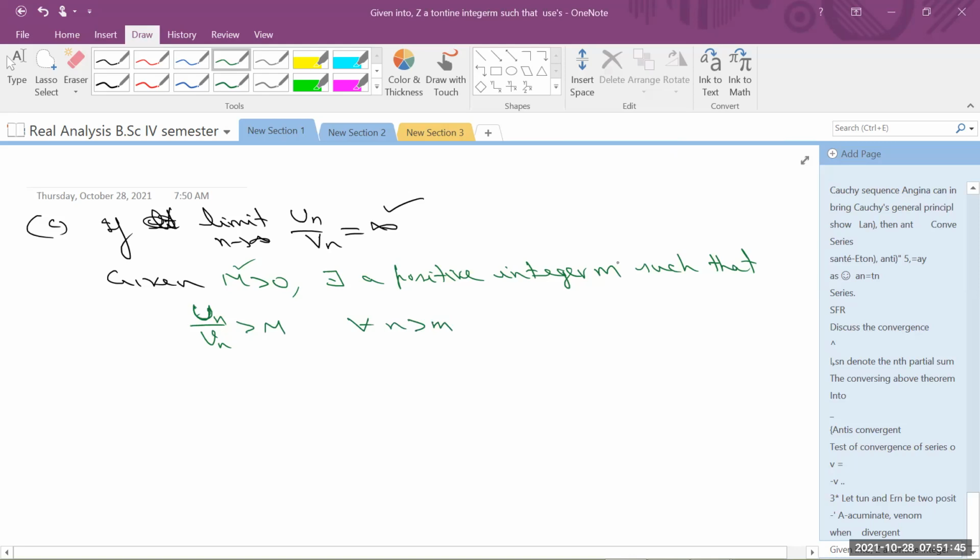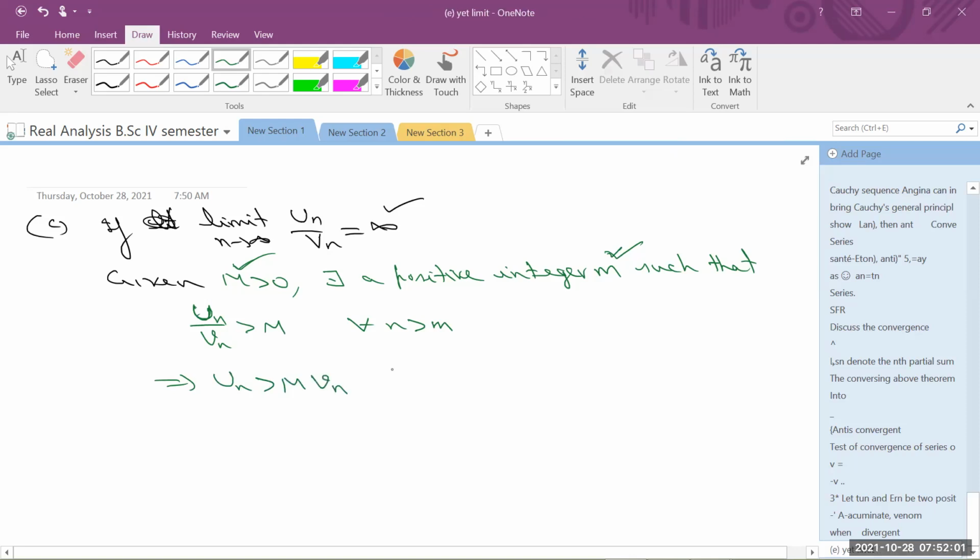So there must exist a positive integer for which this ratio is going to exceed the given real number. Basically, this one is the definition of unbounded. So from here, one can write un is greater than m times Vn.